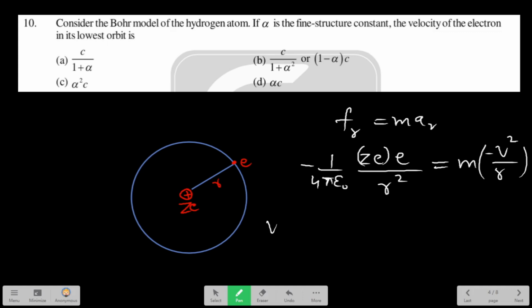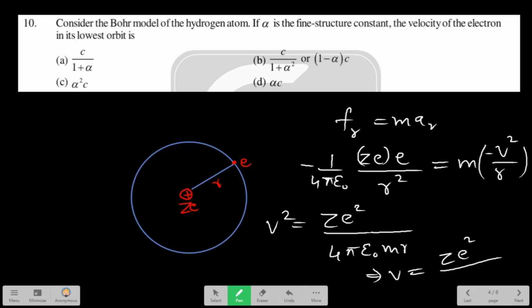So from here we have v square is equal to Z e square upon 4 pi epsilon naught mr. This implies v is equal to Z e square upon 4 pi epsilon naught mvr.